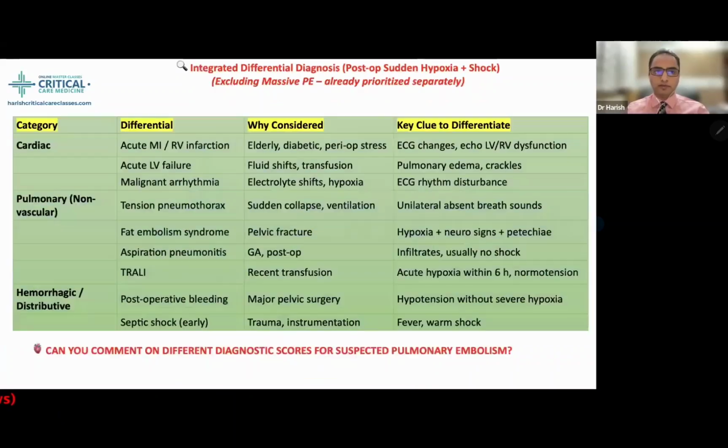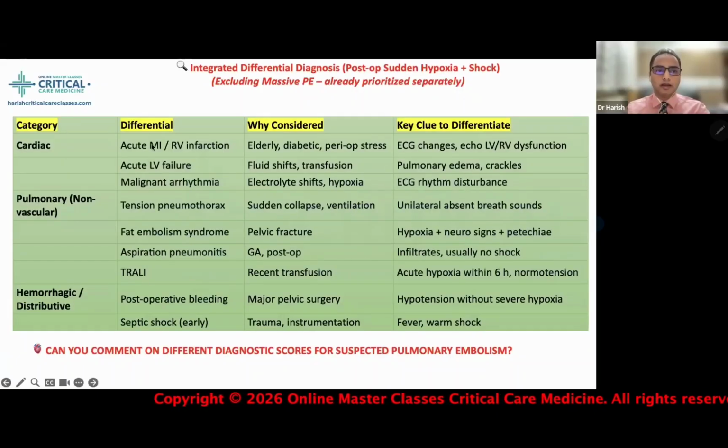So that is an integrated differential diagnosis in post-op sudden hypoxia plus shock. Excluding massive PE, what other differentials can you consider? But remember, you need to give some rationale when you tell all these things. Whether it's cardiac: acute MI, RV infarction, acute LV failure, malignant arrhythmia.